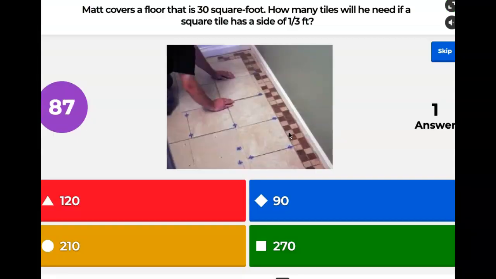Math covers a floor that is 30 square feet. How many tiles will he need if a square tile, like in this picture, has a side of 1/3 feet? How many tiles will he need to cover the floor?